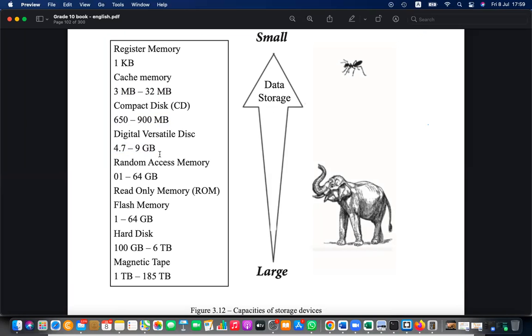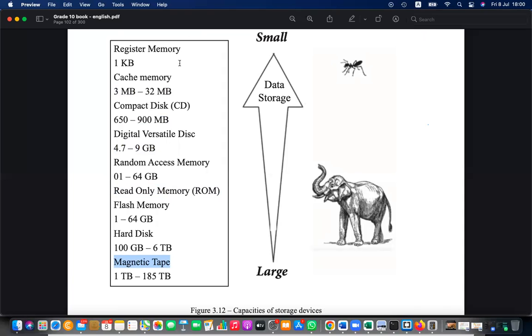Random access memories have higher capacity. Read-only memories, actually flash memories, have lower capacities. Then the hard disk capacity is very, very large. Flash memories, hard disk, pen drives, you can see very high capacity.